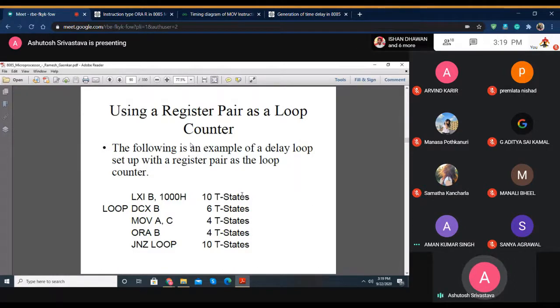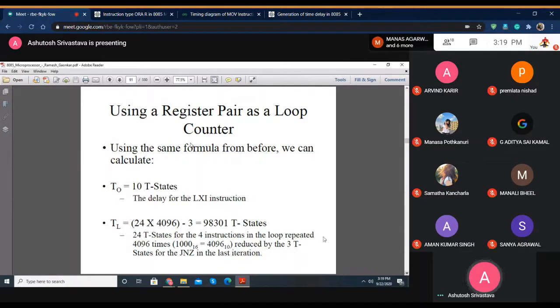So first is the outer loop. Let's talk of this example. The outer loop would be executed only once, so we are talking about 10 T states, because the LXI instruction takes 10 T states.